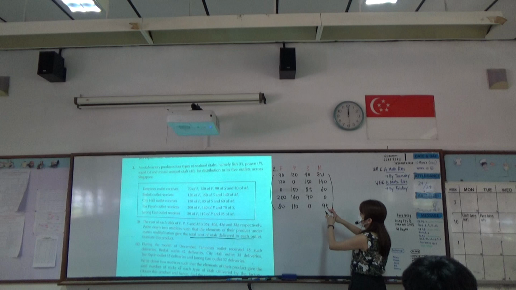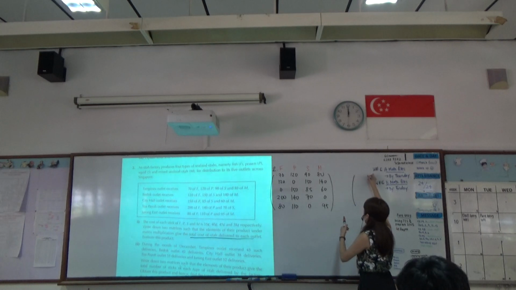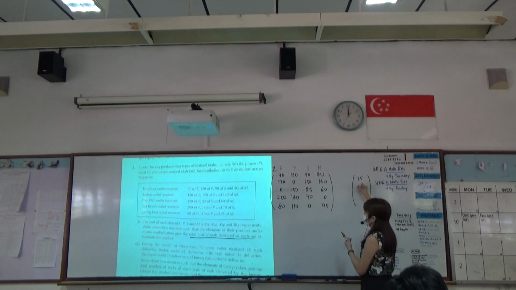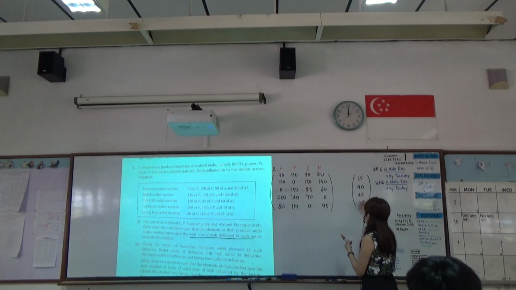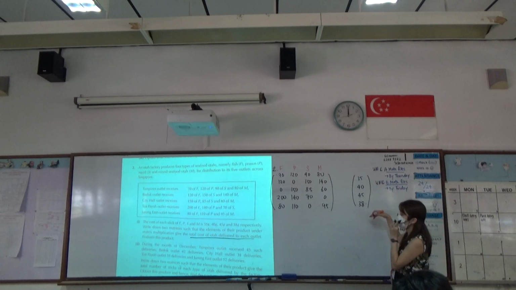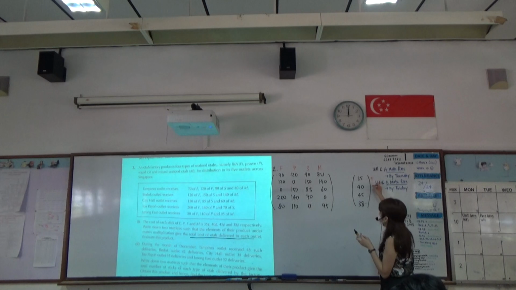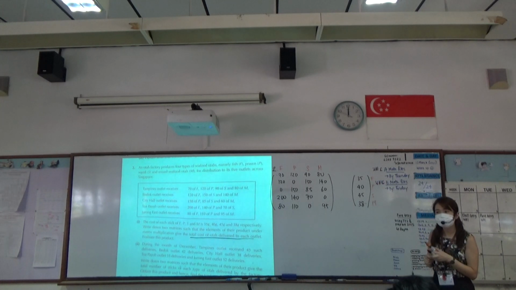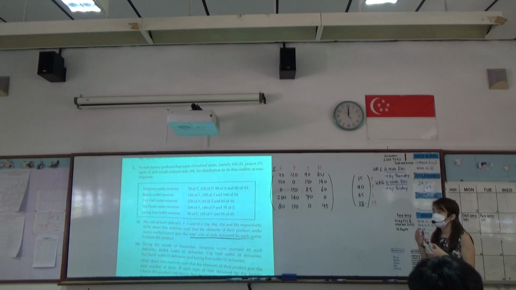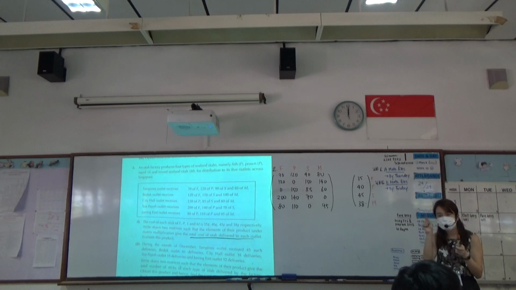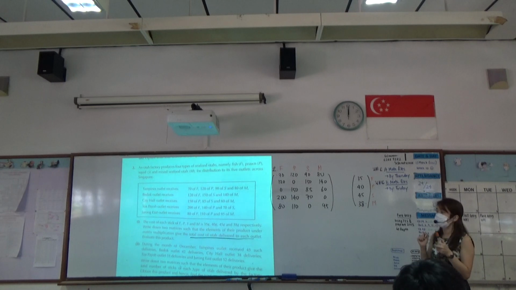So the other matrix should be a column matrix with 35, 40, 45, and 38. This is the cost for the fish, prawn, squid, and mixed seafood.